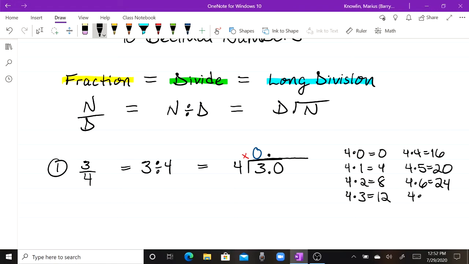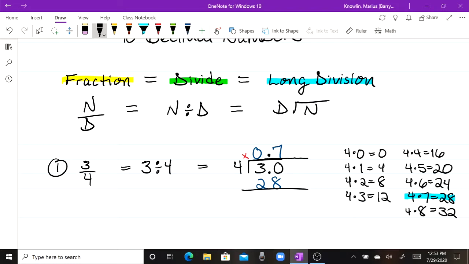And 4 times 7 is 28. Well, let's do one more. 4 times 8, which makes what? 32. All right, so 32 is too big. We're going to go with 4 times 7, which makes 28.